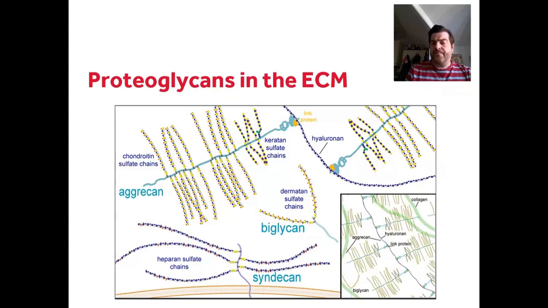In terms of what they do, there are quite a few different types of these side sugar chains, and I'm not going to go into them in any great detail, but they all play slightly different roles in the extracellular matrix. And I don't think you need to really understand that at this level of the course.